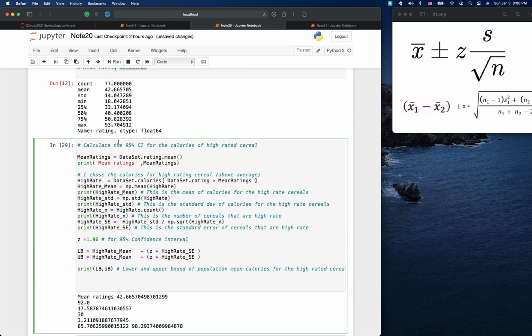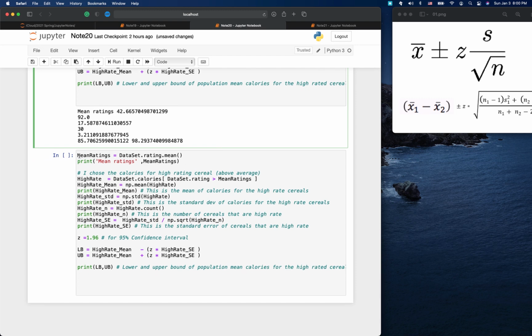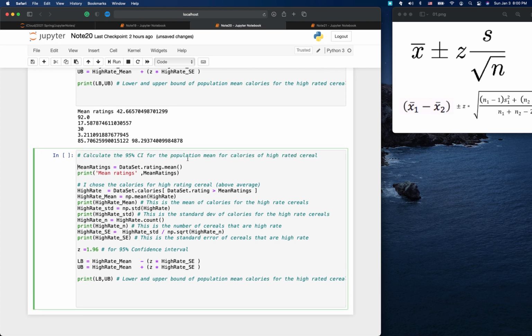Still calculate the 95% confidence interval for the population mean for calories of high rated cereal. Now it's correct. And here I'm going to calculate it for the low rated cereal.